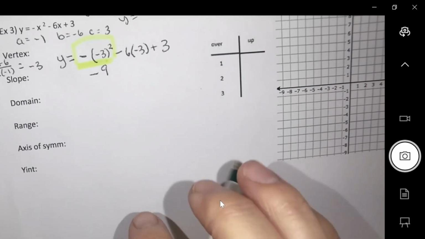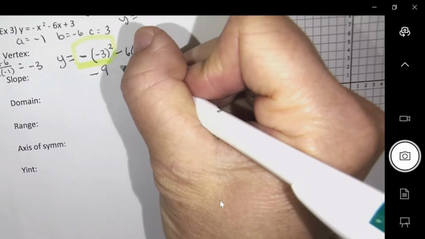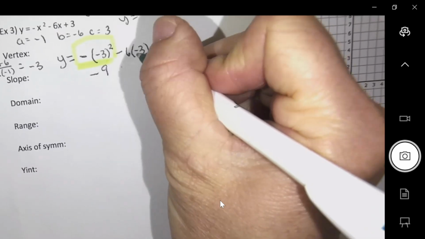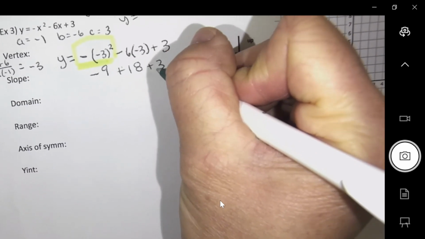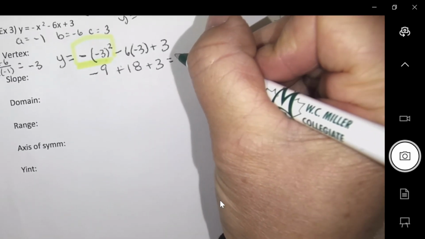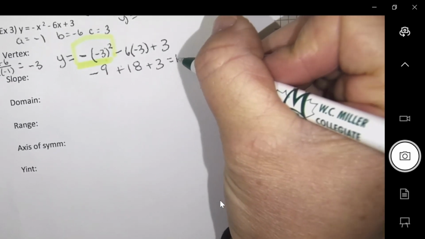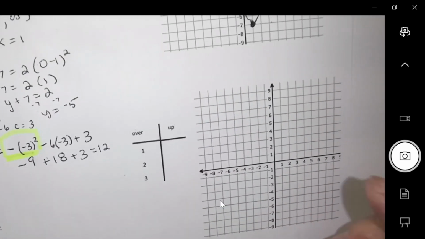Okay, negative 9. What happens with the subtract 6 times negative 3? Multiply first. So the two negatives make a positive 18. Okay, so now I'm at 12. Right? Yep. So my vertex, we're going to run out of our map here.